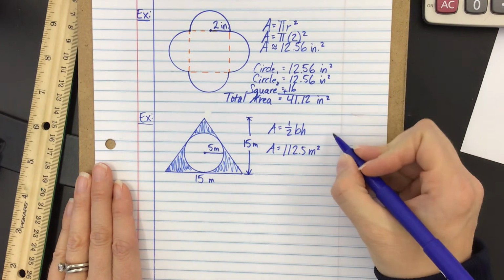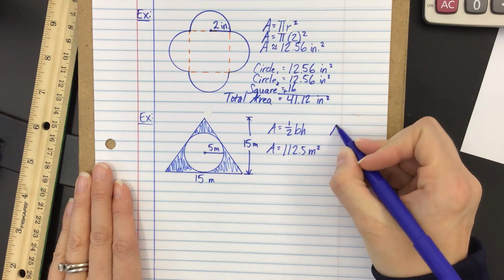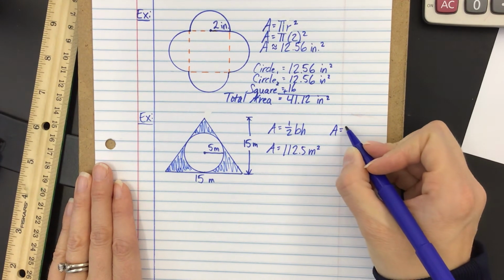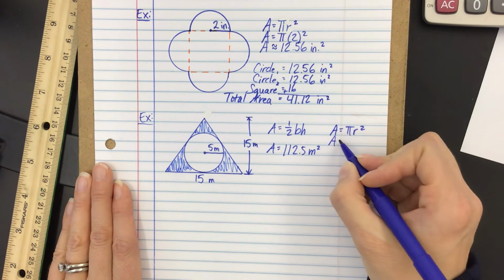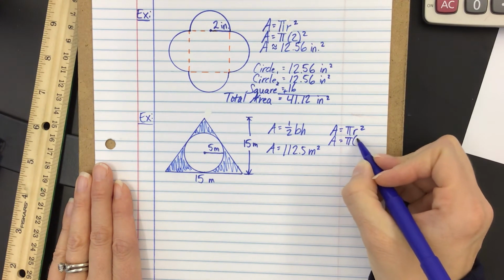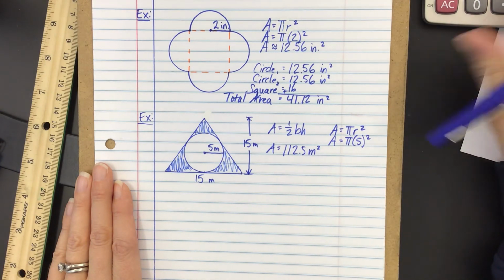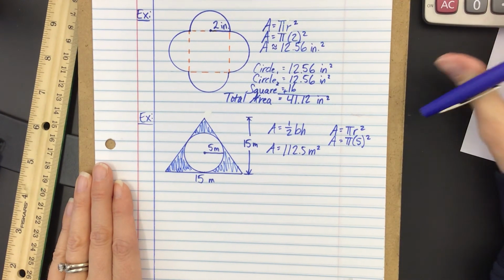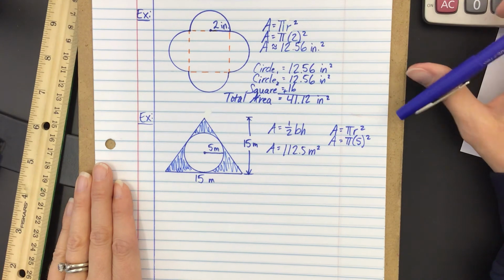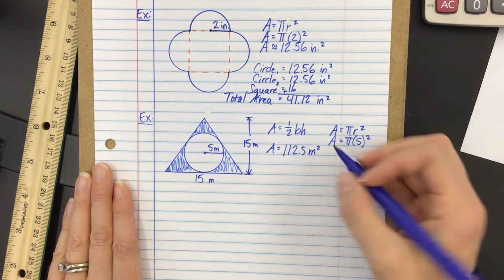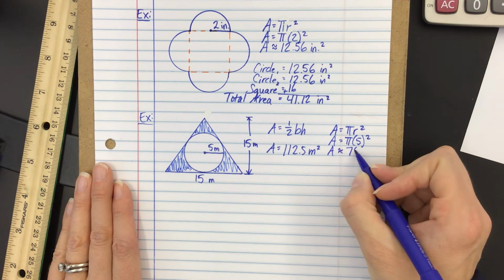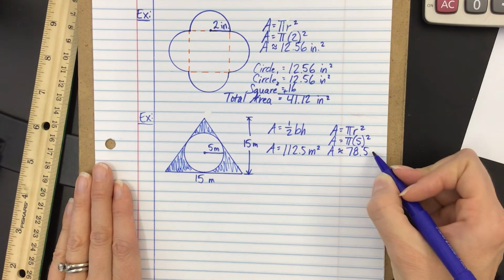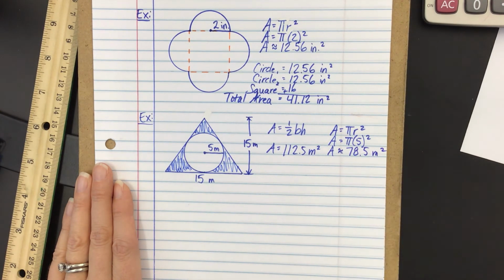And then for the circle, it's pi r squared. The radius is 5. Okay, so 3.14 times 5 times 5. Okay, so I'm getting the area is approximately 78.5 meters squared.